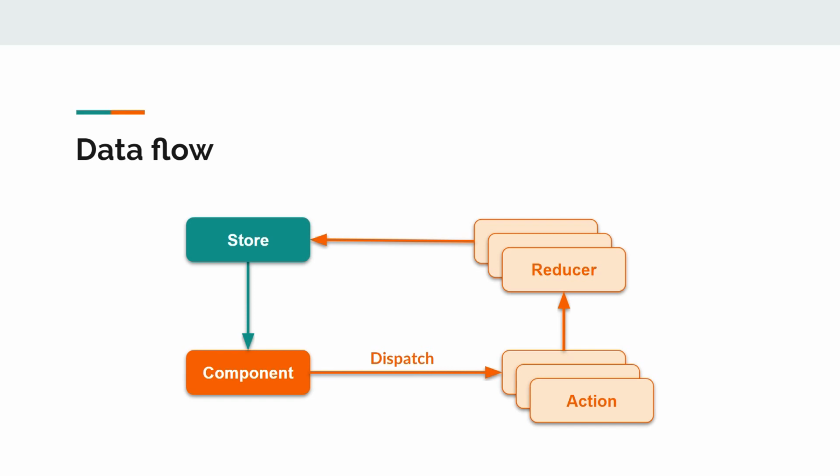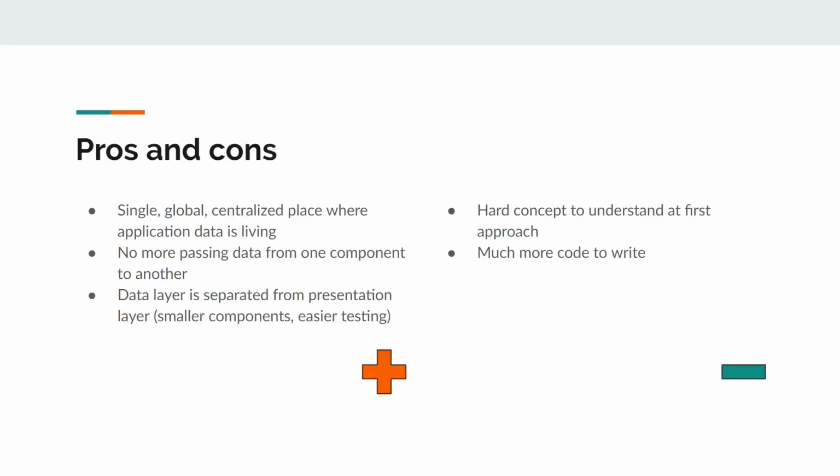And then the component can get this data directly from the store. This is a very basic data flow, and just keep it in mind that every library is handling this data flow differently.